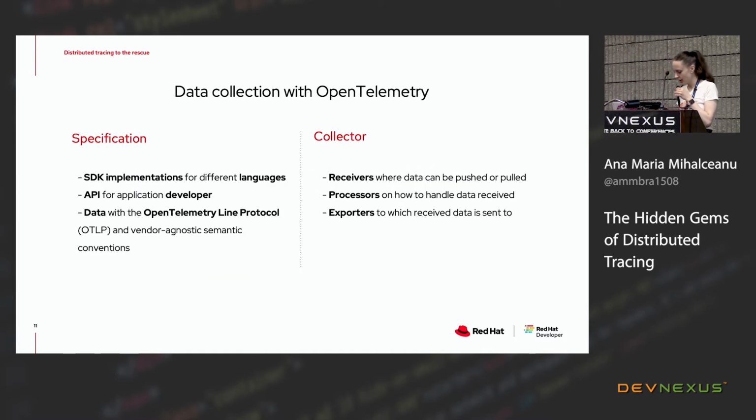Furthermore, in order to help us with tracing in time, there were different specifications. One of them was OpenTracing. I pretty much worked with OpenTracing and OpenCensus. However, migrating from OpenTracing to OpenCensus, using certain tools, was a little bit more complex.